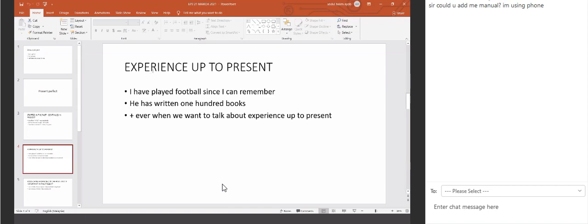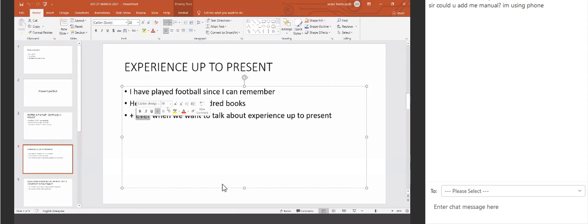And when you want to write a sentence and emphasize that the experience started from the past until now, you can add "ever".